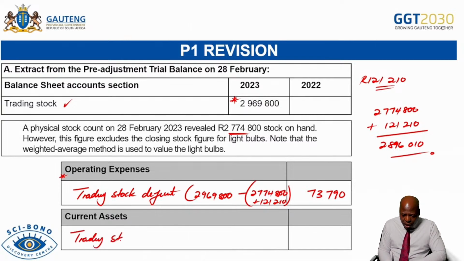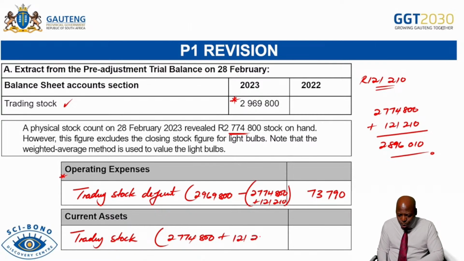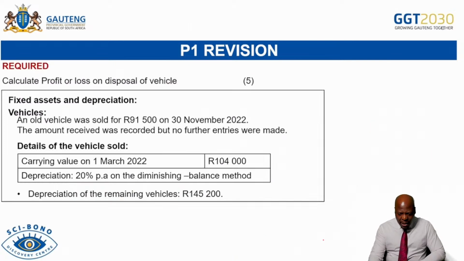And I know that on hand, I had 2,774,800, which I must then add the 121,210, which was not yet recorded. And then I'll end up with 2,896,010. That becomes the final amount. Okay. Can I move on to the next adjustment? Let's quickly do so.